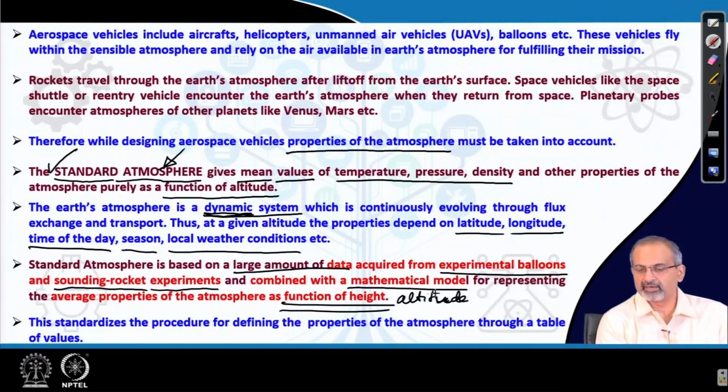When you say height or altitude, you would always bring the Earth's surface, the mean sea level, for example, into the picture. So, this procedure standardizes the definition of the properties of the atmosphere, and they could be made available through a table of values, and that is what exists, and that is what can be referred to by you at any point of time when you are doing a design exercise, for example.